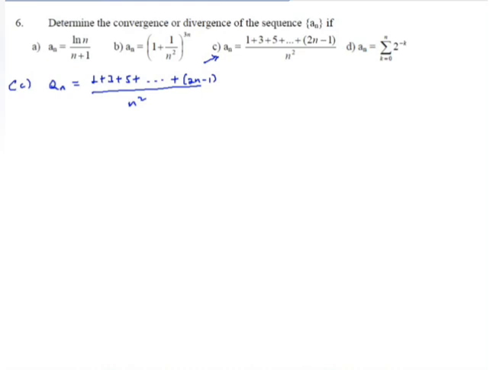Here what you need to notice is the sum of consecutive odd numbers: 1, 3, 5, and so on up to 2n minus 1. We need to know what the sum of the first n terms is.